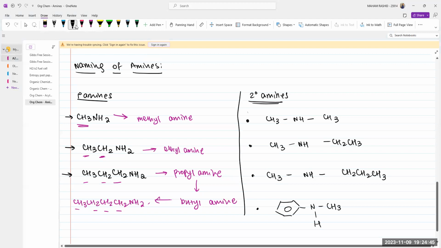Okay, so let's see how these are going to be named. Just give it a shot. मुझे बताओ ये कैसे name करें. The first one I think will be dimethylamine. Dimethylamine. Yes, very good.